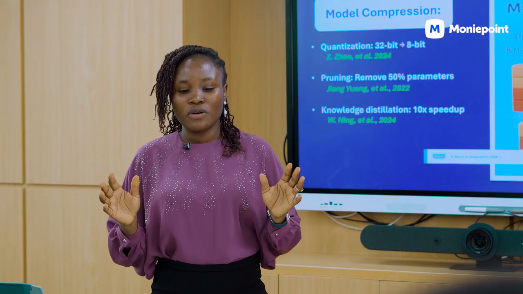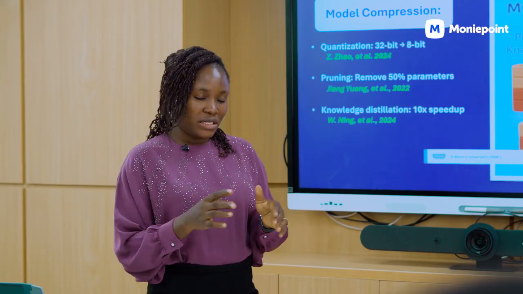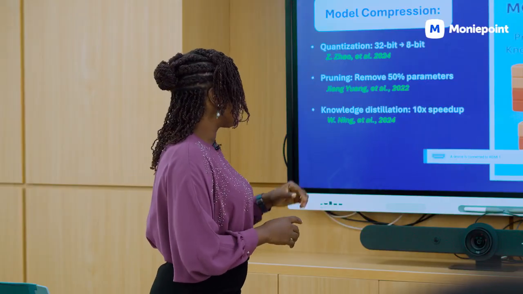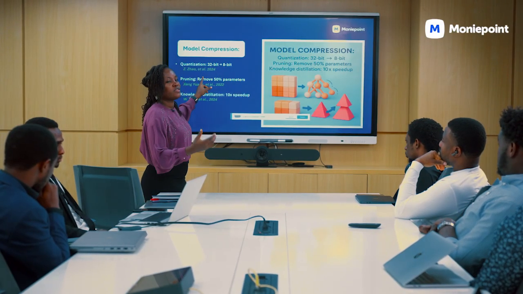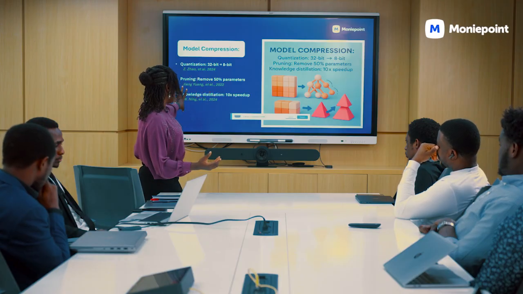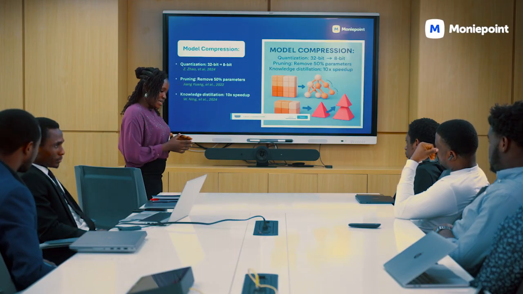So the first thing is the amount of data that is involved. Sending updates can be a bit heavy, a bit huge. The first thing I discovered from literature is to compress the model, something referred to as model compression. There are basically 3 ways of compressing the model. Number 1 is quantization.